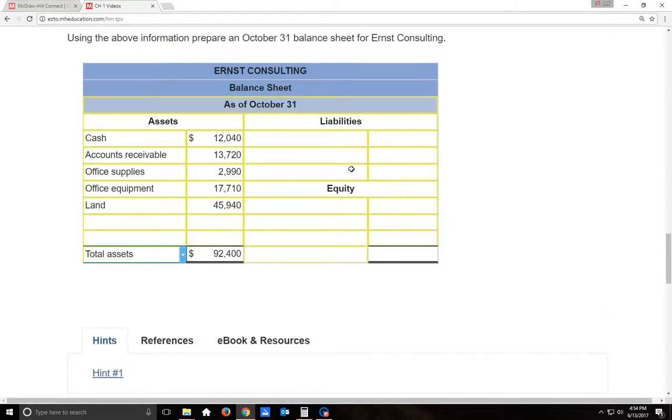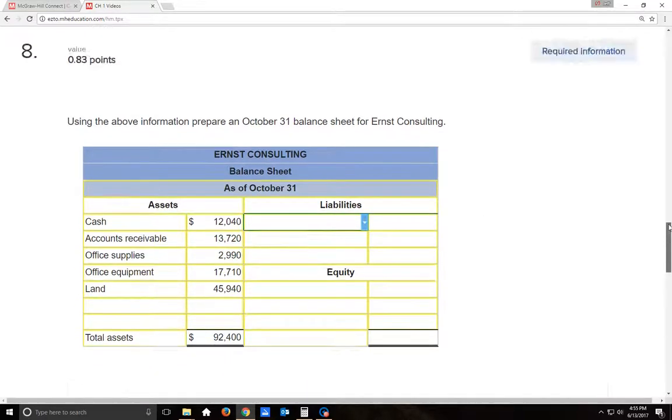Now let's complete the right side of the balance sheet with claims against these assets. Two types of claims: creditor claims known as creditor liabilities or simply liabilities, stockholder claims known as stockholders' equity or simply equity. Let's take a look at our data set.